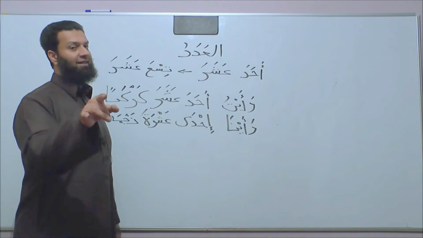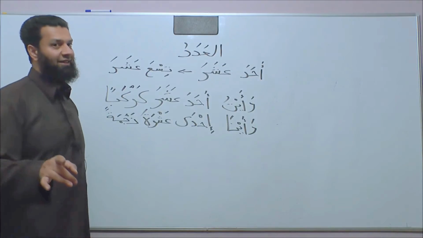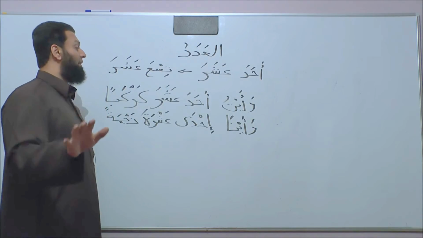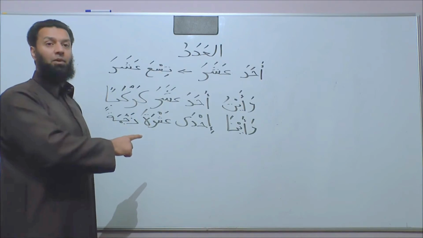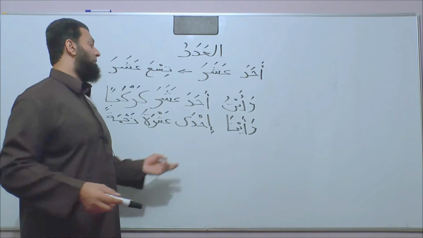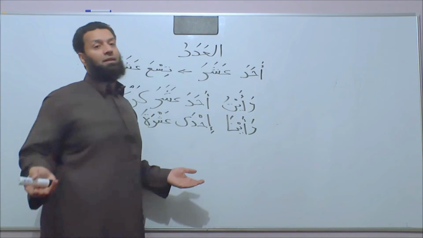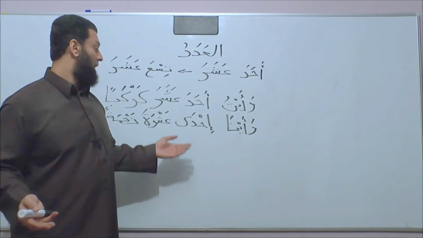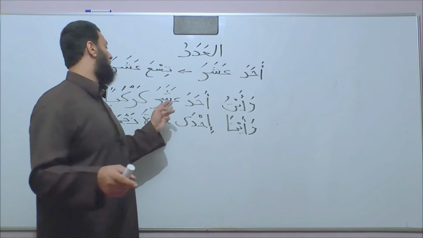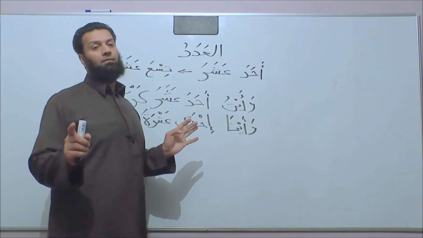And the fact that I said that indicates that later on it changes. So relax and be content that for 11 it's simple. So ihda is the female version of ahada. Ashrata is the female version of ashara.